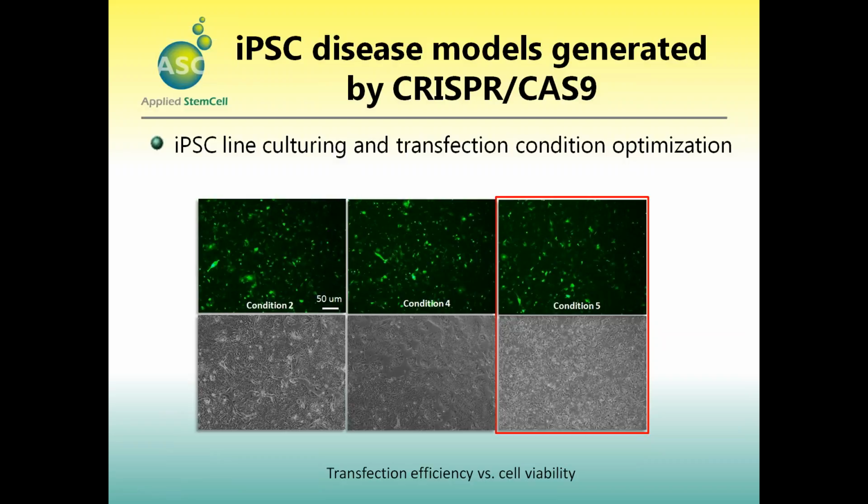We then compared these three transfection conditions with cell death. From the figure shown here, condition 5 had less cell death and therefore was selected for gene targeting.